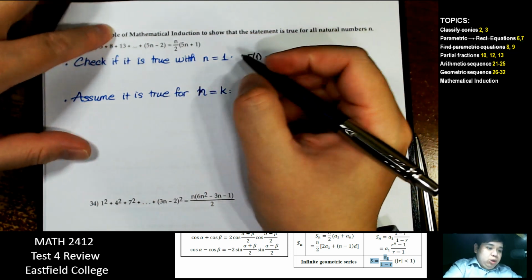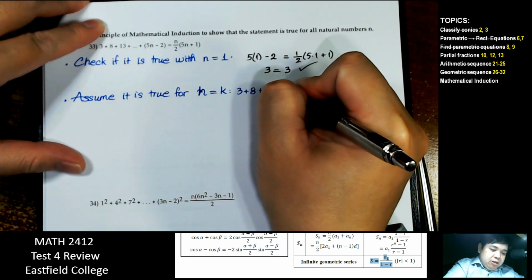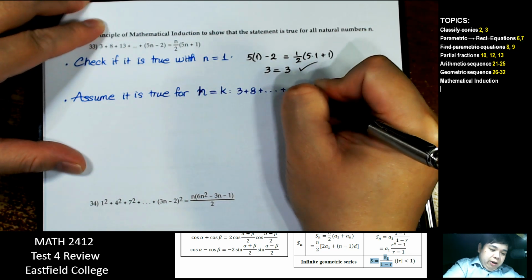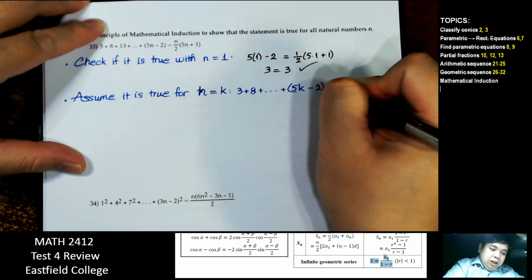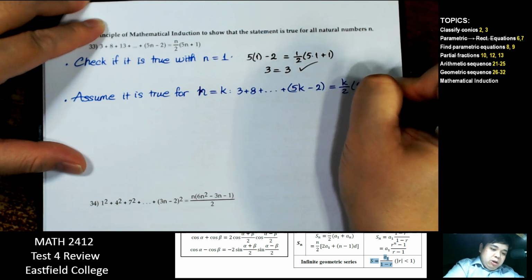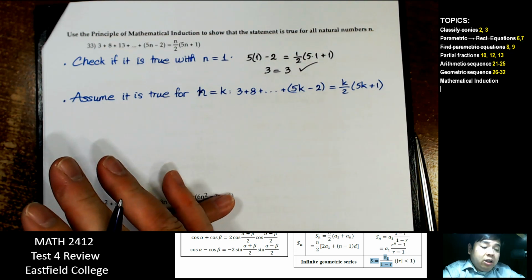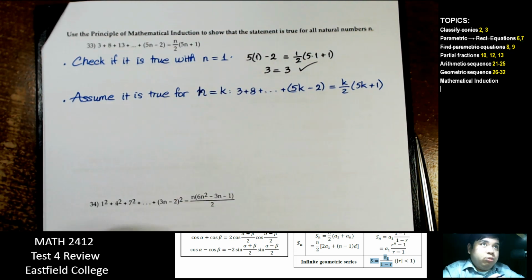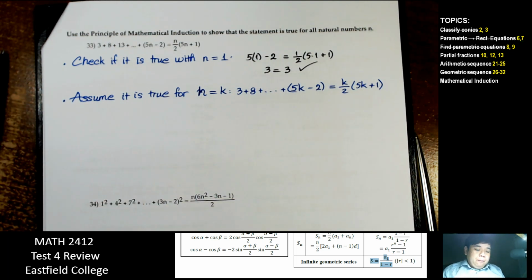Meaning that we're going to do this: 3 plus 8 plus dot dot dot plus 5k minus 2 equal to k over 2, 5k plus 1. We'll not do anything. That is our assumption. So we assume that is true. So we will not prove it. We just say that is true. Right.